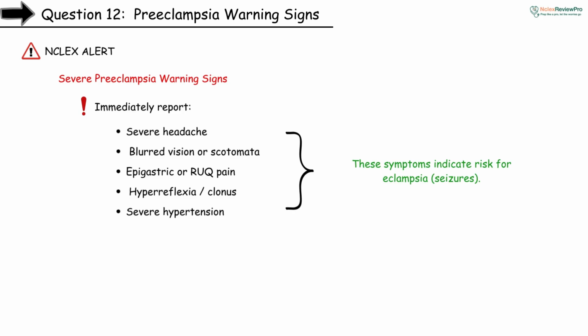You need to recognize the warning signs of severe preeclampsia immediately. Severe headache, blurred vision or seeing spots, epigastric or right upper quadrant pain, hyperreflexia, and severe hypertension. These findings signal increased risk for eclampsia, which means seizures. And on the exam, when you see these symptoms, the priority is immediate reporting and intervention.